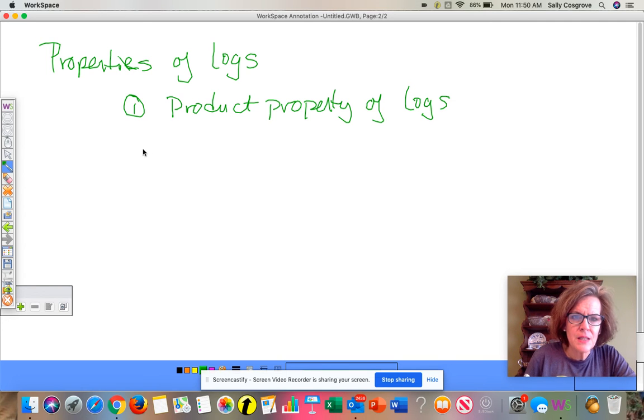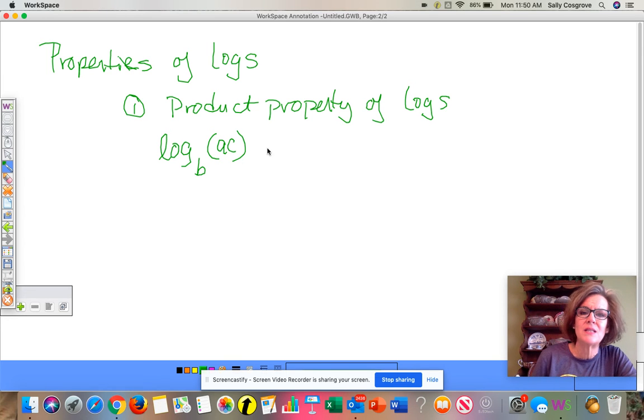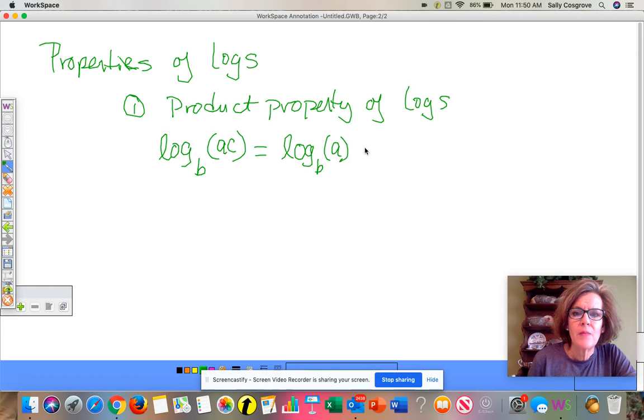So this is the property right here, and it says if the log base b of AC, so now we have a product in the argument, log base b of AC is equal to the log base b of A plus the log base b of C. So that's the property.